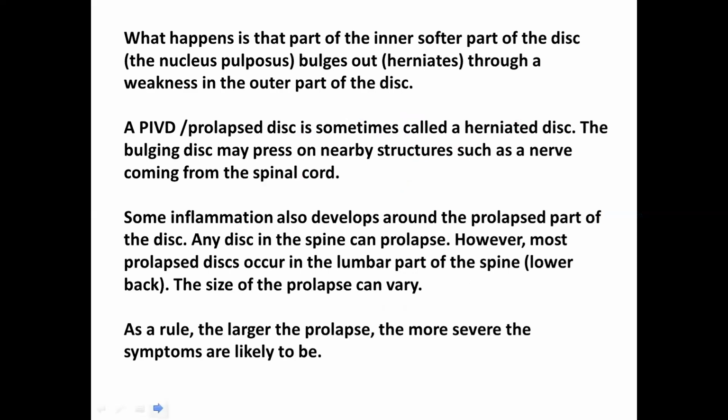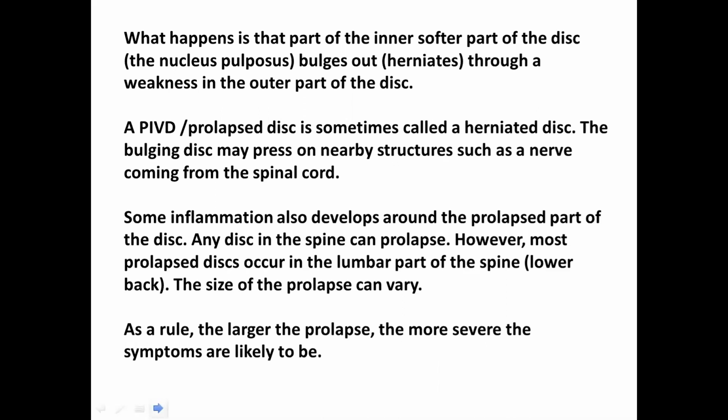Now, what happens is that part of the inner softer part of the disc, please try to remember this terminology, this softer jelly is called nucleus pulposus, which actually bulges out or herniates out through a weakness in the outer part of the disc. A PIVD or prolapsed disc is sometimes called a herniated disc.